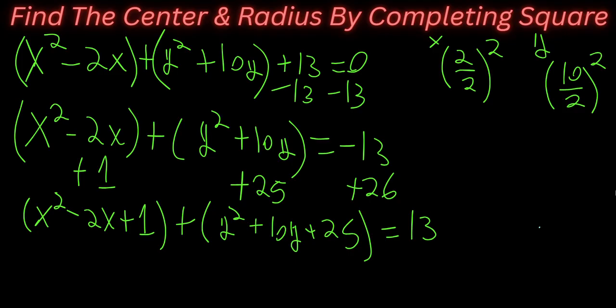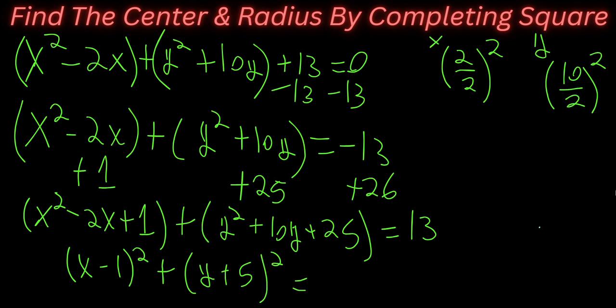Now that we've gotten to this point, we simply factor these two where we have the squaring happening outside the parentheses, which means we'll have x minus 1 squared plus y plus 5 squared equals 13.